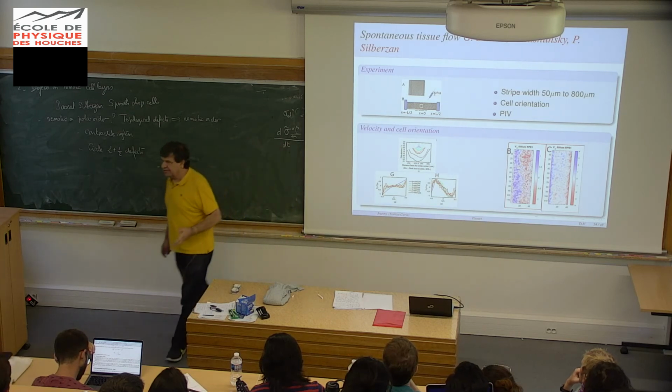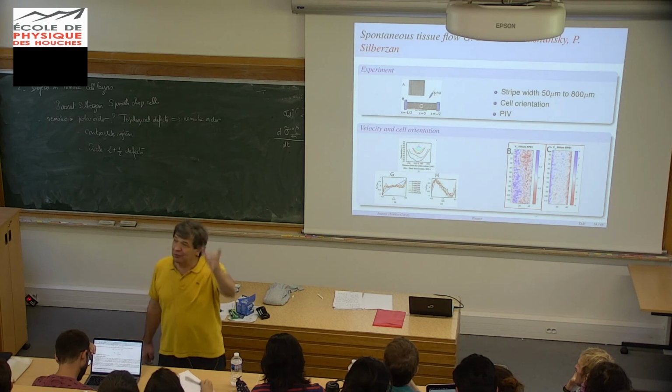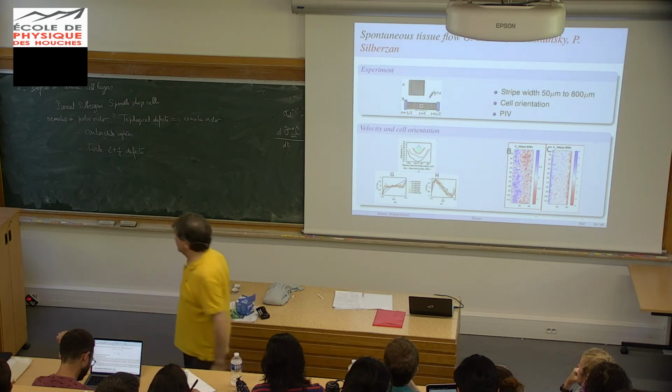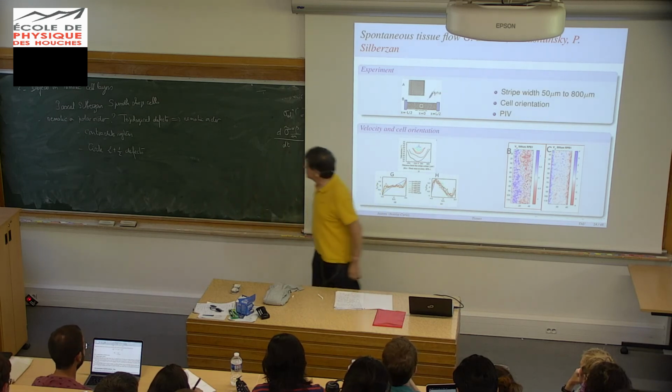Now, what Pascal said: okay, I put them on a circle, why don't I put them on a stripe? So that's what I will call the spontaneous flow transition.